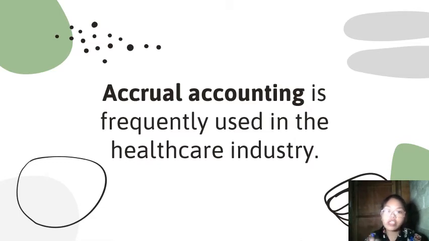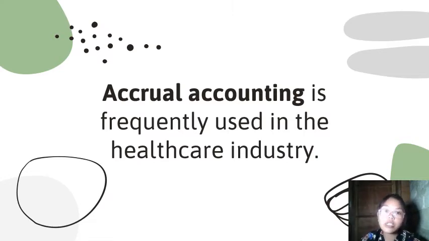The key advantage of accrual accounting is that the books will more precisely reflect the hospital's current financial situation. Paying rent for the entire year on January 1st, for example, would result in a large cash outflow, which would be reflected in cash accounting as a loss or lower profit for the month of January, followed by increased profits for the rest of the year.